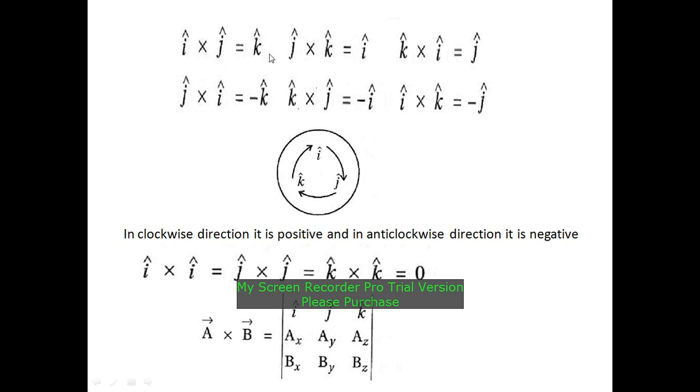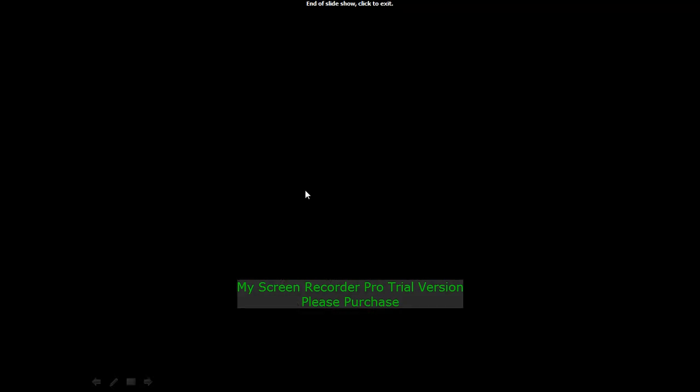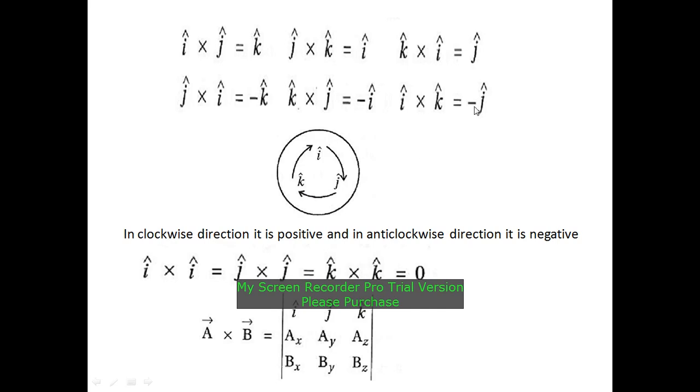So i cross j is equal to k, j cross k is equal to i, and k cross i is equal to j, if we are going in the clockwise direction. In the anti-clockwise direction, j cross i is equal to minus k, k cross j is equal to minus i, and i cross k is equal to minus j. So this is one simple rotational figure.